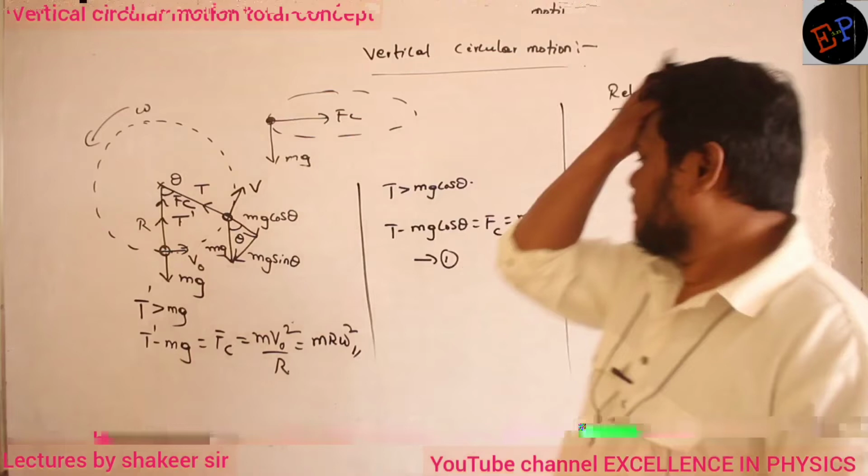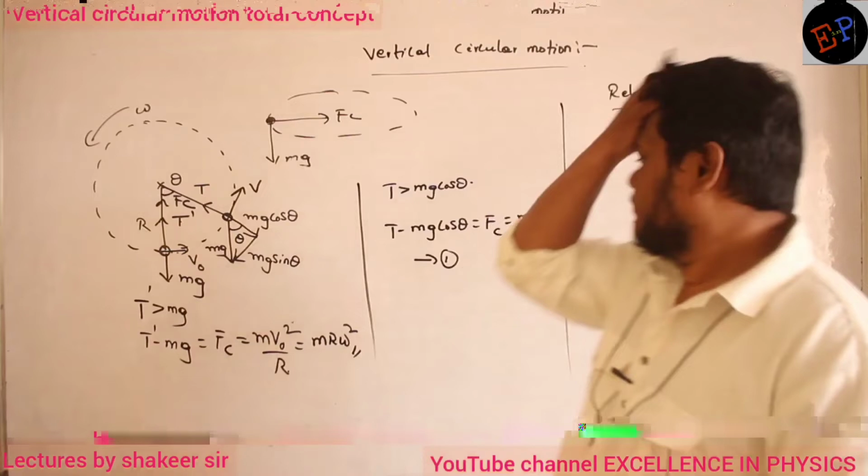So write down another equation of tension. How can I calculate? Just take this equation: T minus mg cos theta is equal to m by r multiplied by v square.